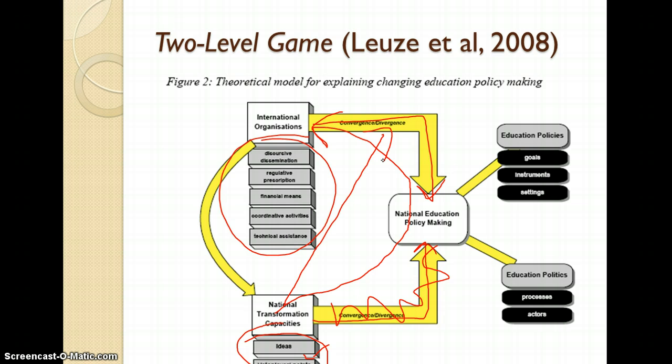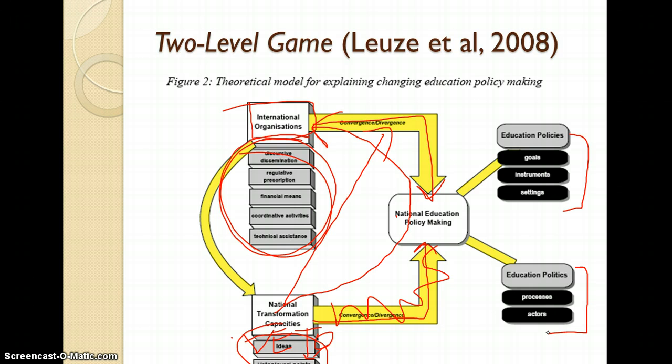Right? Because it's this veto power, and it's the national contextualization, really, I think more than anything else, that influences these governance instruments, the ability of international organizations to influence national education policy making. And then, of course, what comes out of national education policy making are actual policies and the politics themselves.